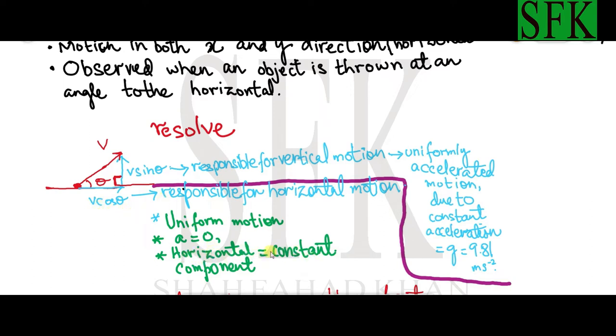So the horizontal component is the constant component of velocity, whereas the vertical component can be calculated by v sin theta.